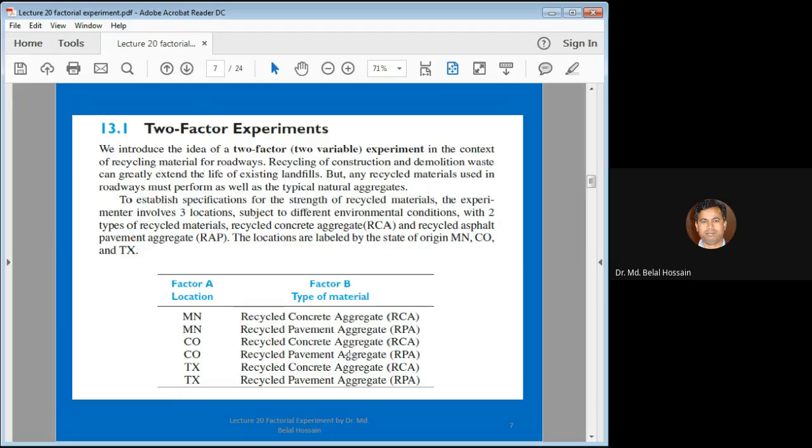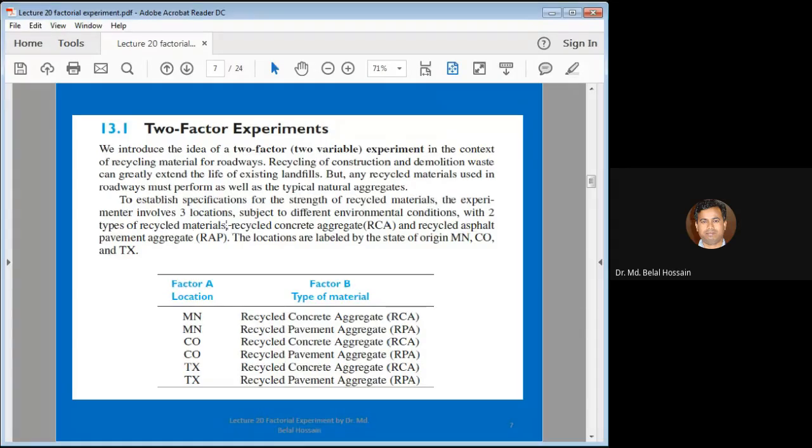Two factor experiments. Here we will have 2 factors. This is the simplest case. Consider we introduce the idea of 2 factors, that is 2 variable experiment, in the context of recycling material for roadways. Recycling of construction and demolition waste can greatly extend the life of the existing landfills, but any recycled material used in roadways must perform as well as the typical natural aggregates.